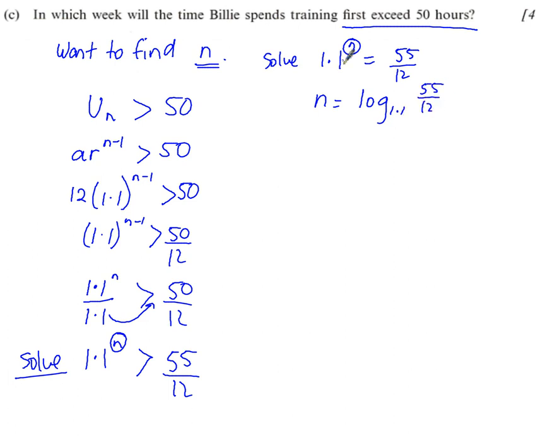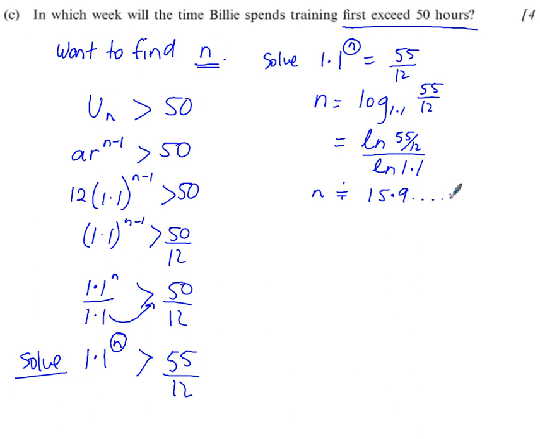So the log of 55 over 12 base 1.1 is equal to n. Of course, use our change of base there. We get the log base 10 or log natural, completely up to you. Log of 55 over 12 divided by log of 1.1. And when we get that, we get approximately 15.9 and so on.